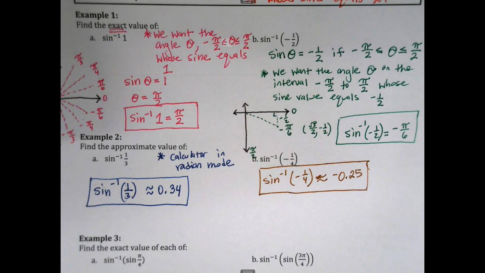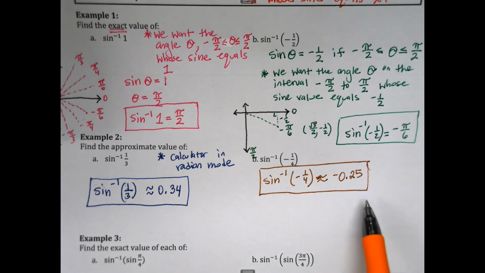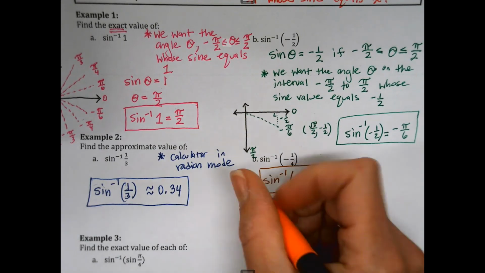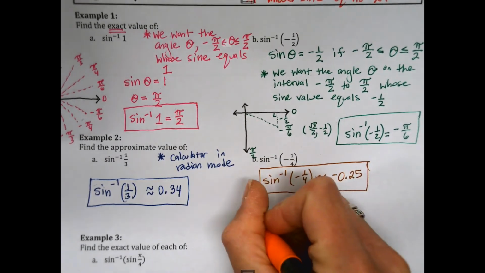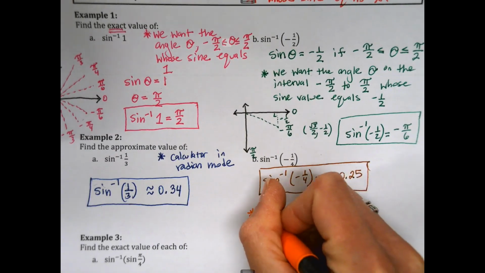With inverse sine, always check your answer. Does it make sense? Because of the way that an inverse sine function works, you're always going to have an answer that's in either quadrant 1 or quadrant 4. And when we're in quadrant 4, you're going to get negative angle measures. So look at the output that you get and check to make sure that it makes sense in the context of our problem.